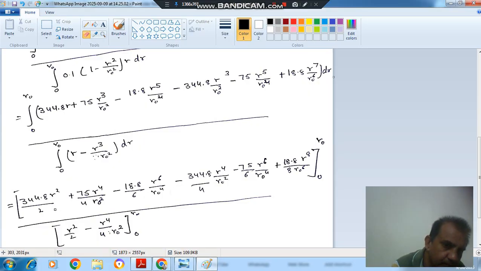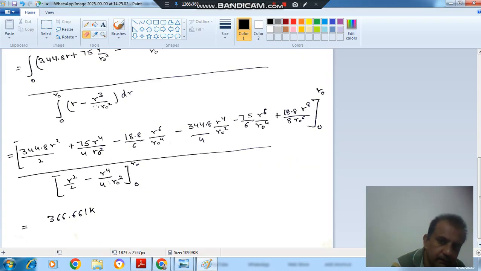If we put the limit, we will have R0² here, R0⁴ here. So we can take R0⁴ and R0² out of the bracket, and here we can also take R0⁴ out of the bracket, and it will cancel out these.